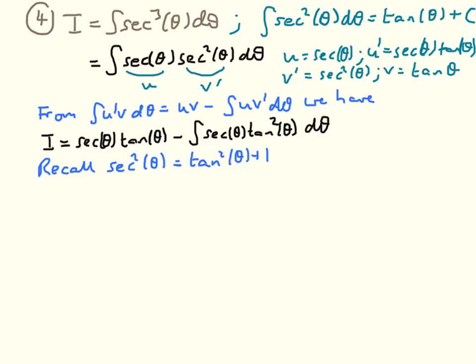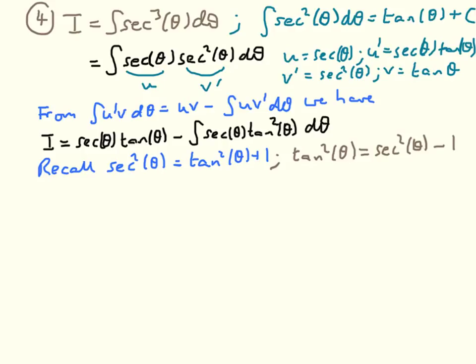And this identity is actually just the identity that 1 is sine squared plus cos squared, and then we divide everything through by cos squared theta, so the 1 over cos squared theta is sec squared theta, etc. So from this we see that therefore we can write tan squared theta, which is the factor in our integral above, or one of the factors, is sec squared theta minus 1.